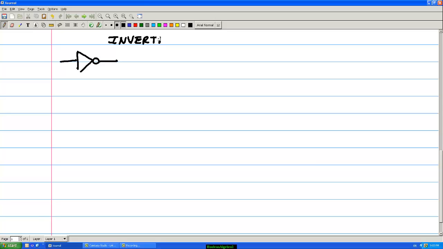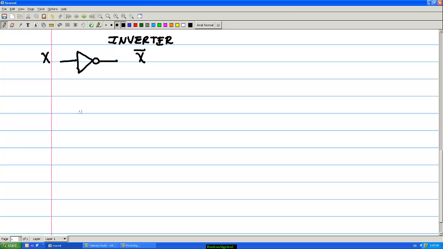And the way we express that in Boolean algebra is that we put a bar over the variable. So if we had a variable X as the input, the output would be X not, and the symbol is just X with a bar over it. And again, this acts on only a single input.